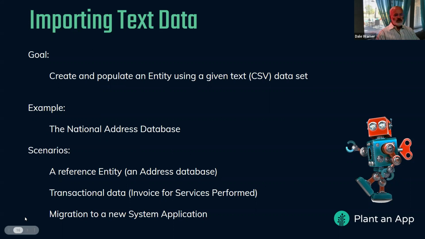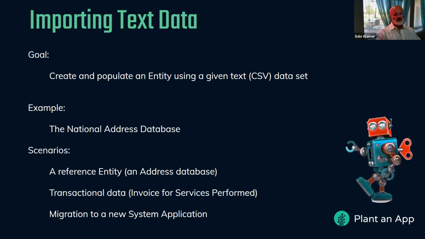Before we dive into the example, let's talk about scenarios for why you might want to import. It could be that you want to create a reference entity, and that's the case we're going to cover today, creating an address database that you can use to populate a drop-down so that people pick from this reference database.